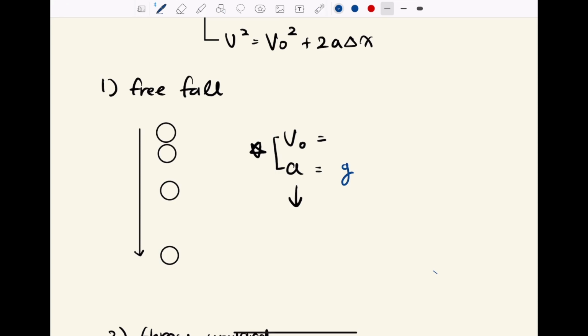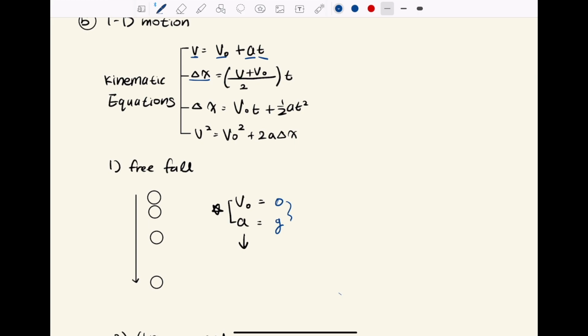And the initial velocity would be 0, because in a free fall, you would technically drop an object. So at that moment when you're dropping the object, the velocity would be 0, because you're just releasing it from your hand. And from here, with these two components, we can derive 3 equations based on the kinematics equations above.